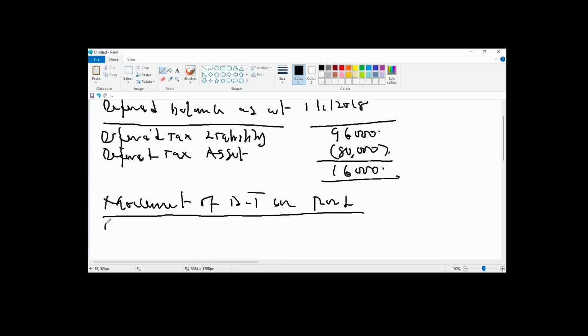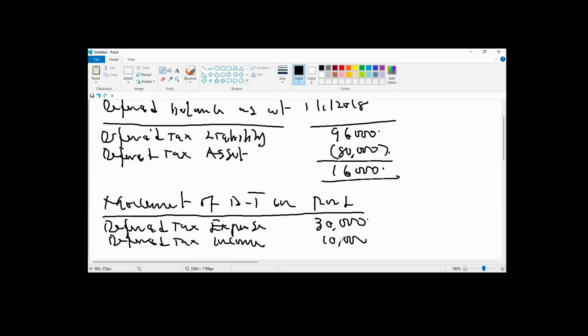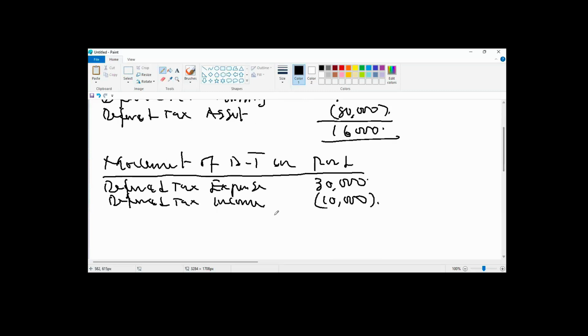You say you have deferred tax expense of how much? 30,000. You now have a deferred tax income of 10,000. What is the deferred tax that goes to the P&L? 20,000.